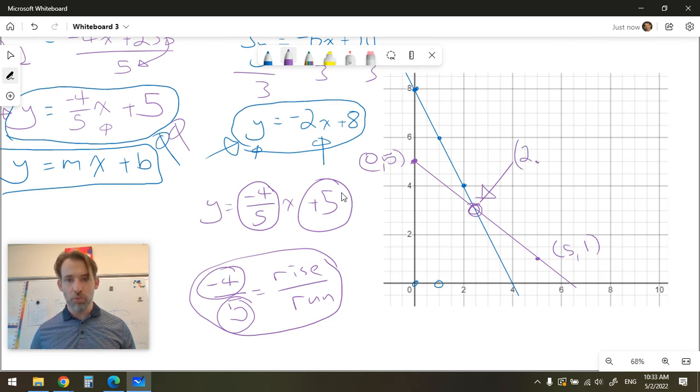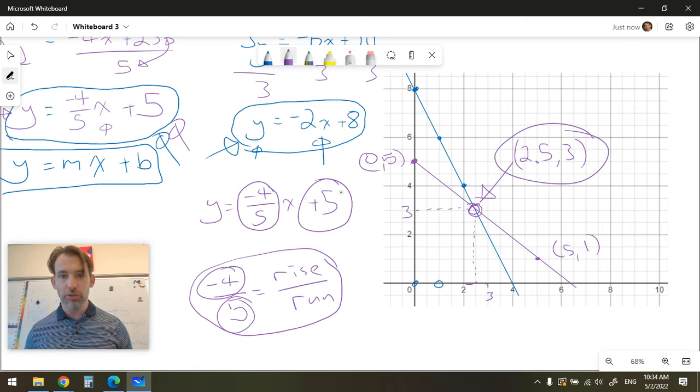It's 2.5. Notice it's 2 and a little bit. This is 2. This is 3 here. And this one happens at 2.5. Okay? 2.5 in the x and 3 in the y. This is our solution. That's what we've been looking for this whole time.